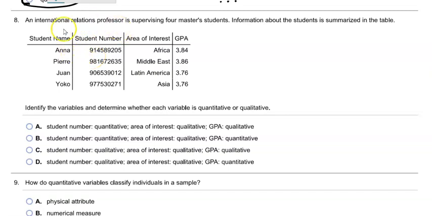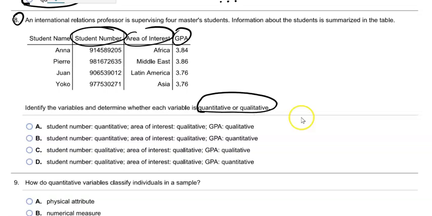Remember that student number is a variable because it varies with each student; area of interest also varies. They are variables. GPA is a variable. So you have a GPA variable, an area of interest variable, and a student number variable. You have three variables, but you are looking for which one is what type. In other words, which variable is quantitative and which is qualitative.